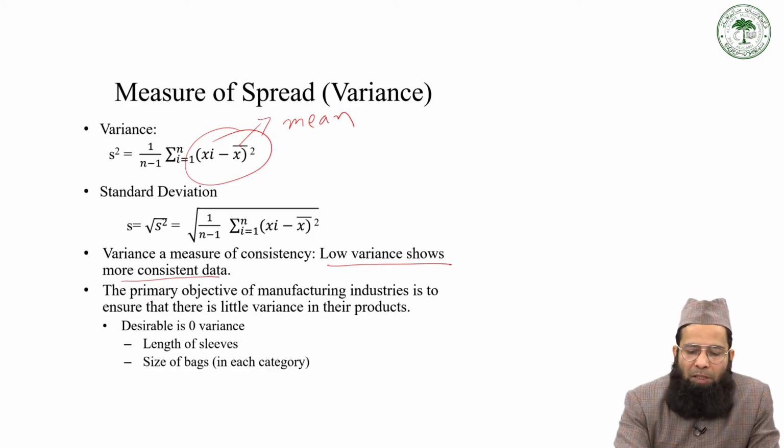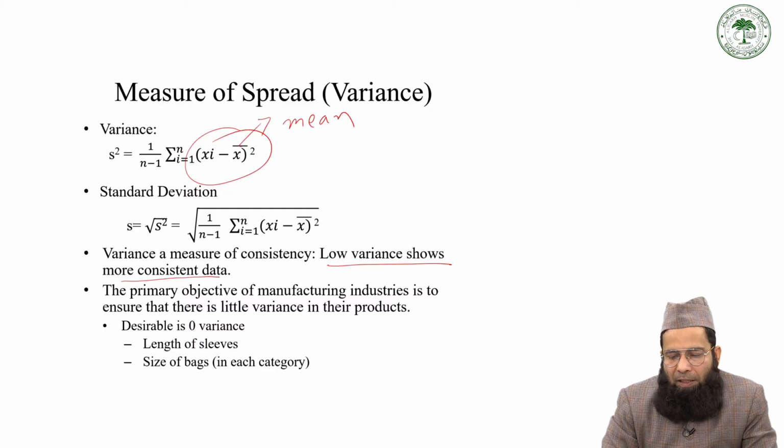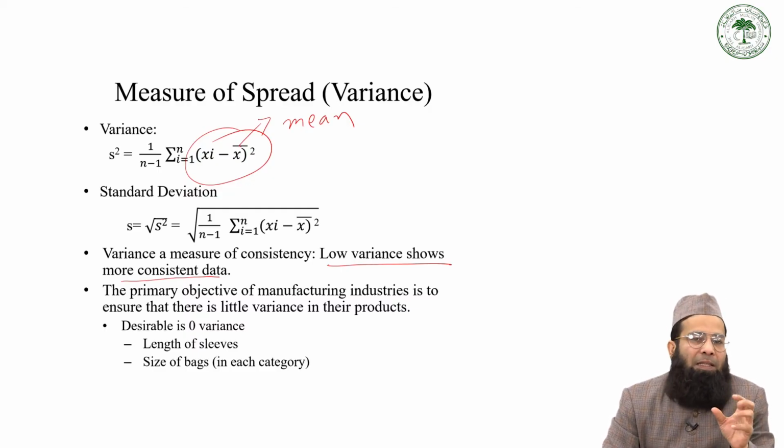We can take an example. The primary objective of manufacturing industries is to ensure that there is little variance in their products.